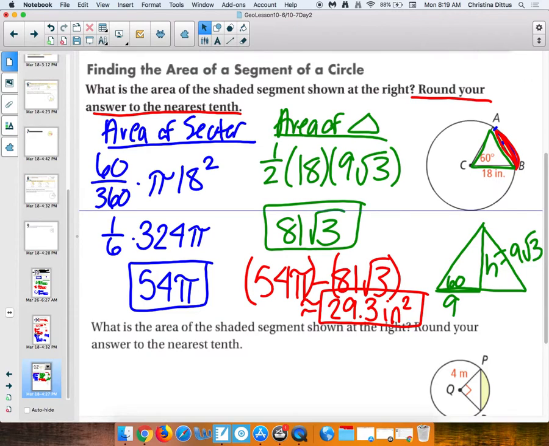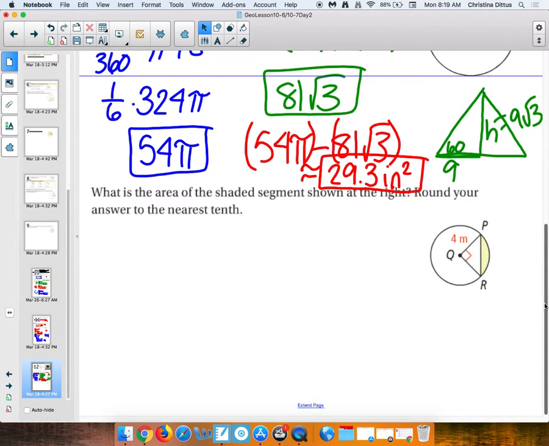I think it's 54 times 3.14. Oh, you multiplied, and then all you want to do is subtract. Okay. Then you're good. Anybody else know? What did you say? 29.3, about. Yeah. Okay.